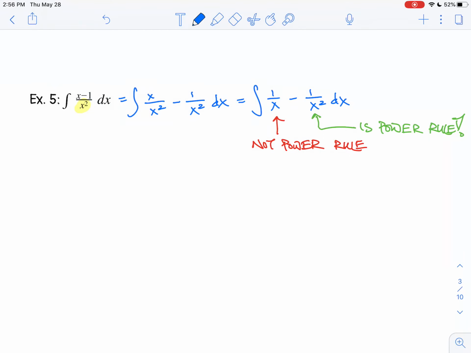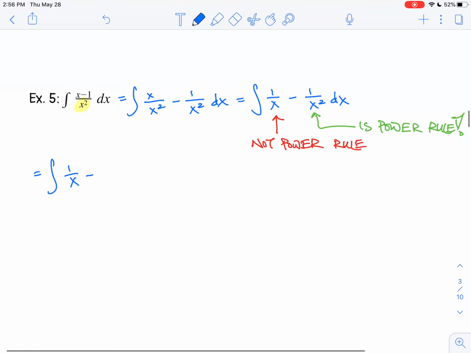So what I'm going to do is rewrite this one more time as the integral. I'm going to keep the 1 over x because I know I don't need to rewrite it to see the power because I'm not using the power rule. But the second term, I'm going to write as x to the minus 2, because the power rule only works if x is not in the denominator, okay?